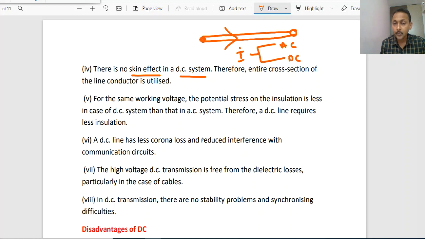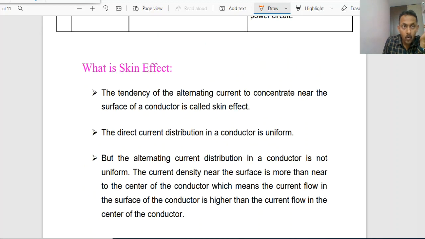If it is AC, the current is going to be concentrated more over the surface of the conductor, instead of across the entire cross-section. So the current flow will be higher over the surface of the conductor than at the center. It is the tendency of alternating current to concentrate near the surface of the conductor. Such a tendency is called the skin effect.